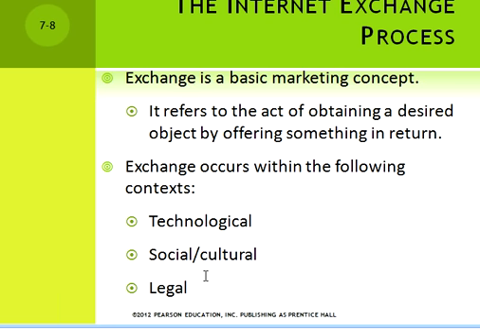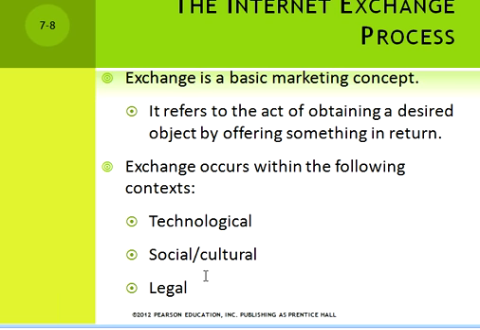In the case of barter, maybe a product is exchanged with a product in some cases. Exchange occurs within the following context. It could occur within technological, social, cultural, and legal circumstances. These are some of the macro environment, of course.